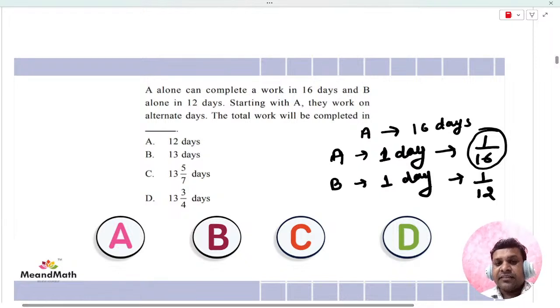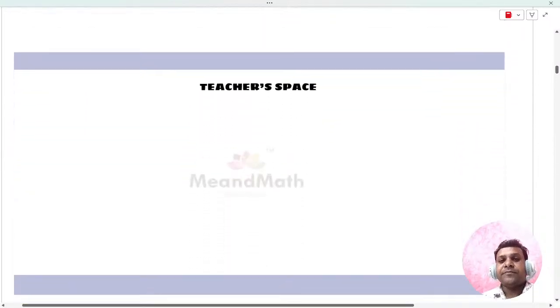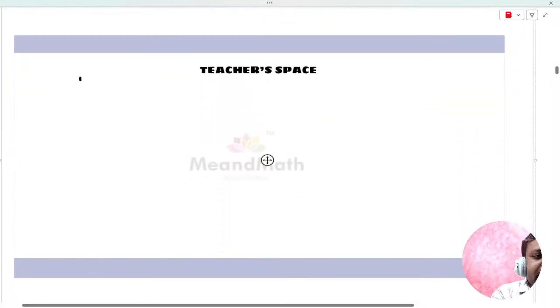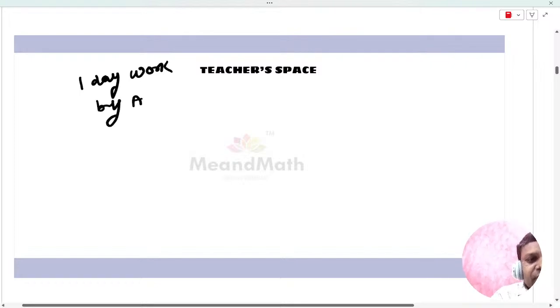Now look here: 1 day work by A is 1 upon 16, and by B it is 1 upon 12.